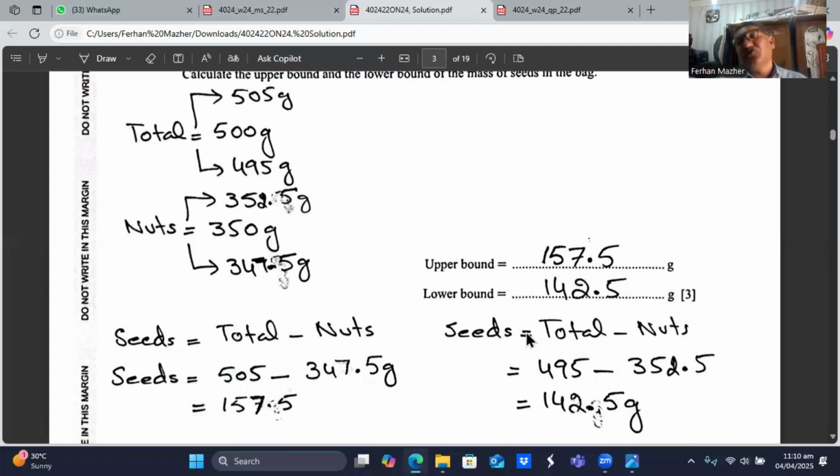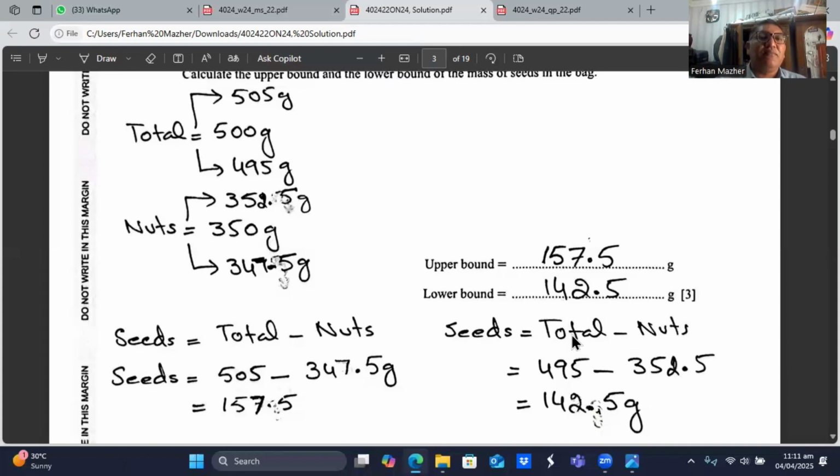Now, seeds is equal to total minus nuts. So I want the lower bound of the seeds. When you want the lowest answer from a subtraction, for the first number, which is the total here, its lower bound should be taken, and for the number to be subtracted, its upper bound should be taken. Then you will get the lowest answer of the subtraction.